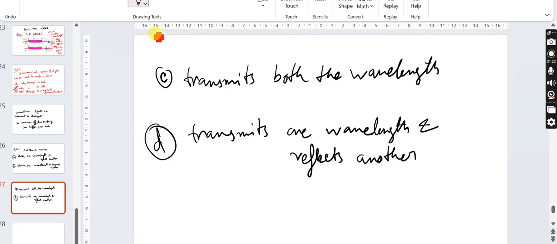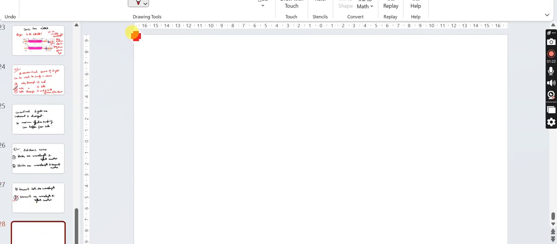So we know that our option is that it transmits one wavelength and reflects another wavelength.